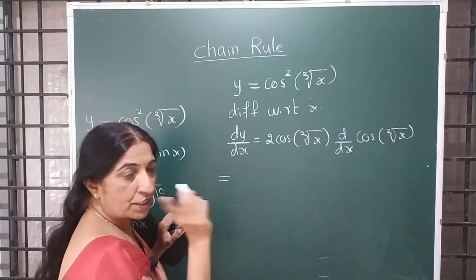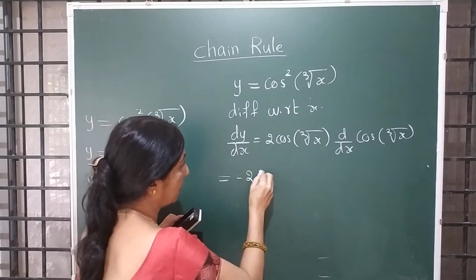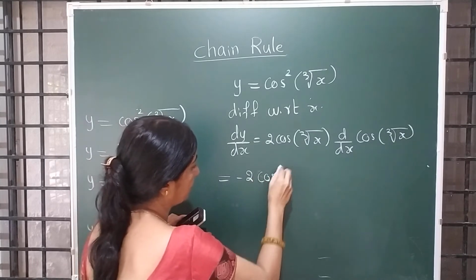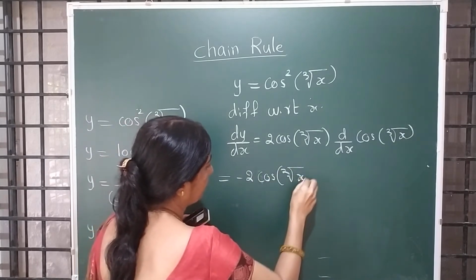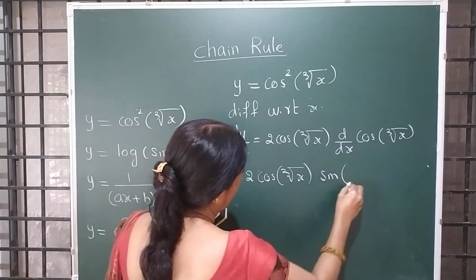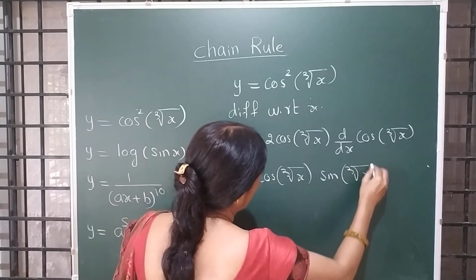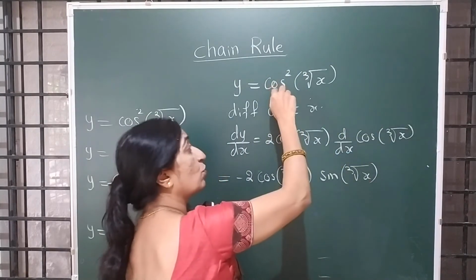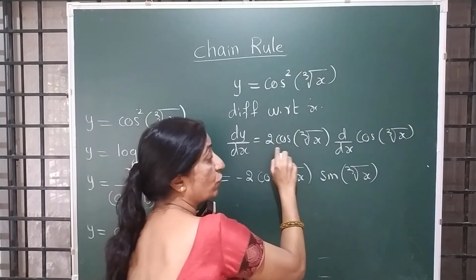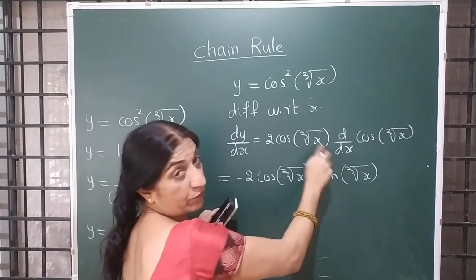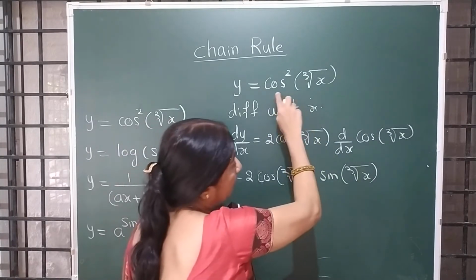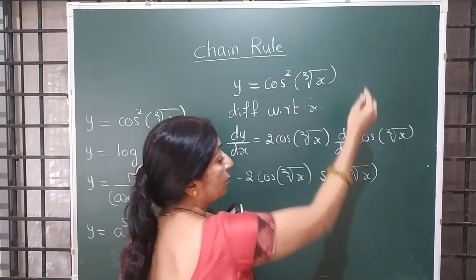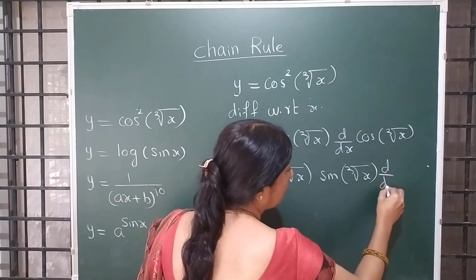Differentiation of cos is minus, so write the minus sign here. First power, then the trigonometric term with angle. Even when you are differentiating the power, you have to write the complete term with angle. Then differentiation of the trigonometric term, then the angle if it is other than x.